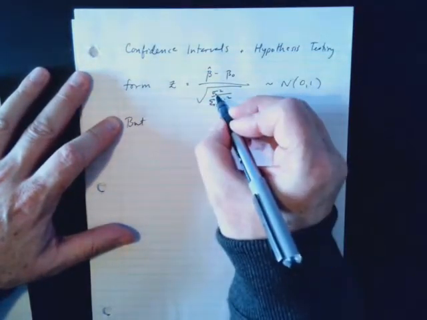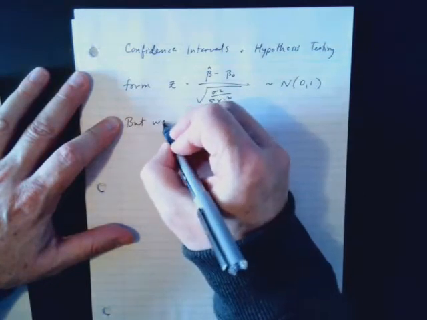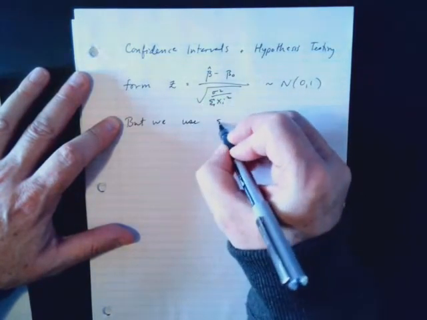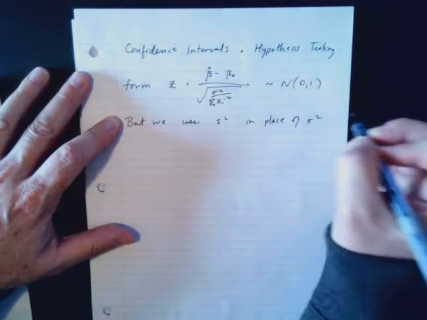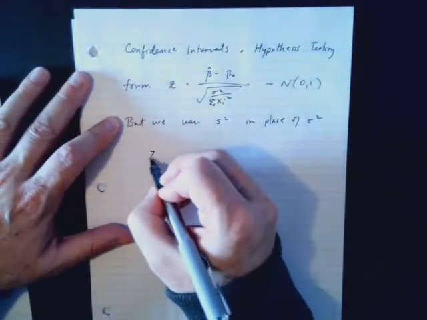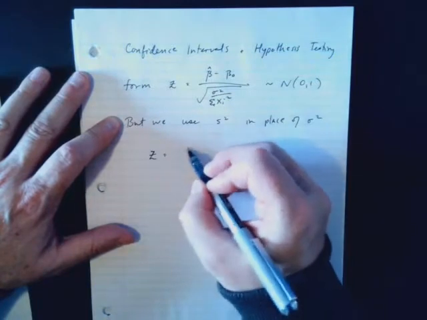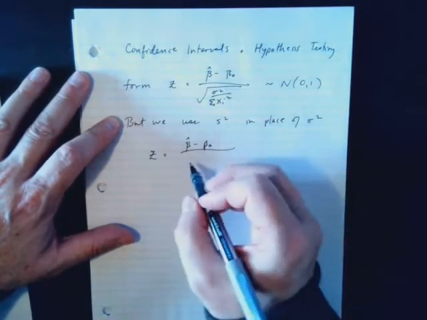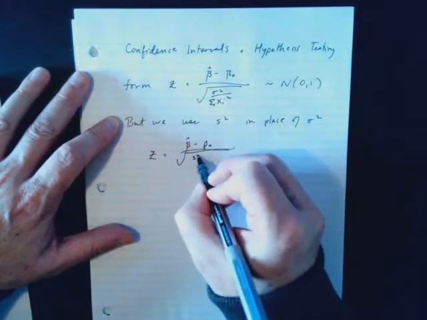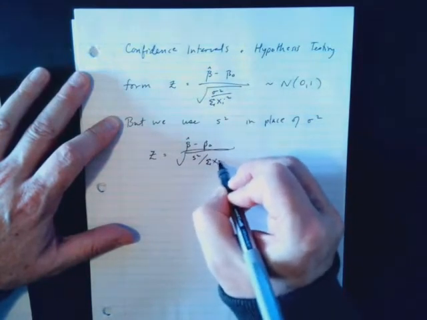But we don't know sigma squared. But we use s squared in place of sigma squared. So our Z statistic is actually going to be beta hat minus the hypothesized value beta 0 divided by the square root of s squared over the sum of xi squared.